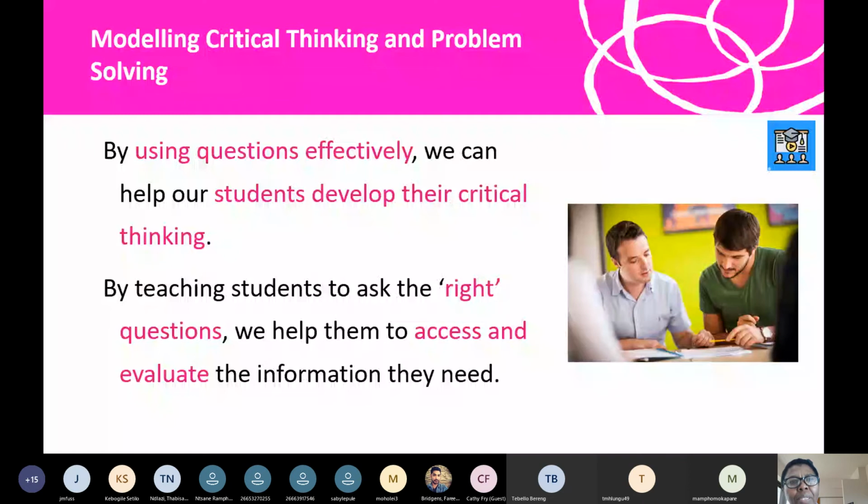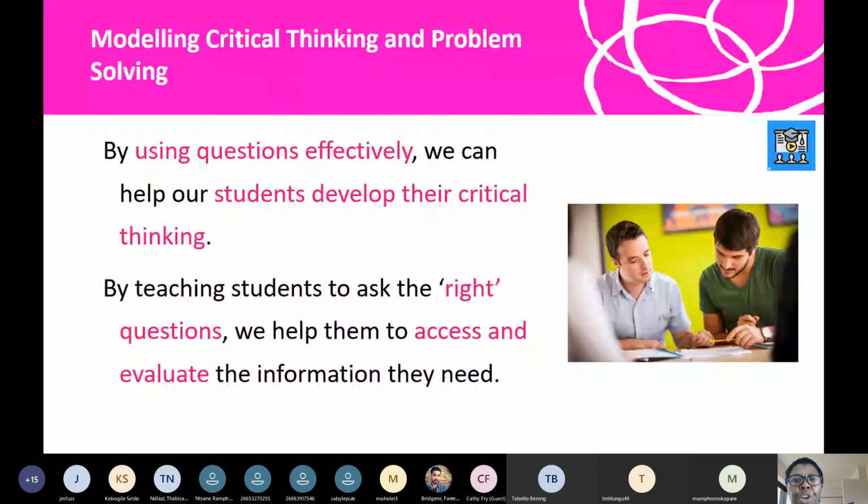Educators must ask the learners challenging questions, questions that are going to make the learners think critically, questions that are going to make them reason, questions that are going to make them take decisions. Okay, so let's ask our students the right questions that will enable them to access and evaluate the information.